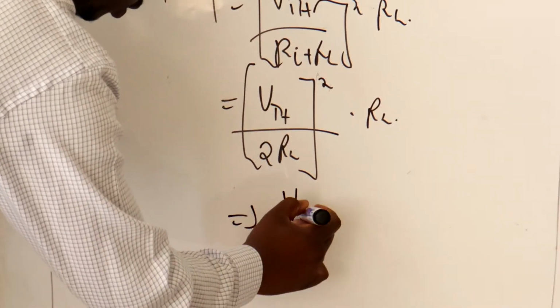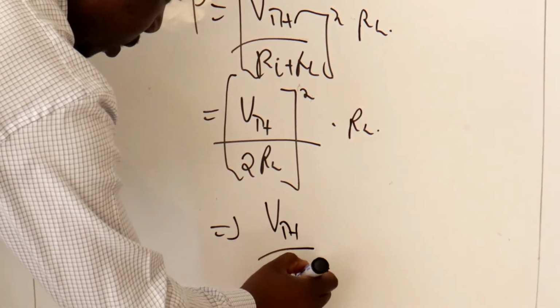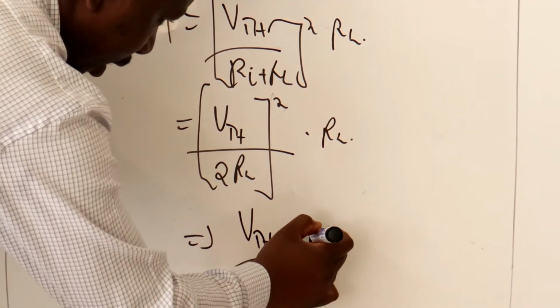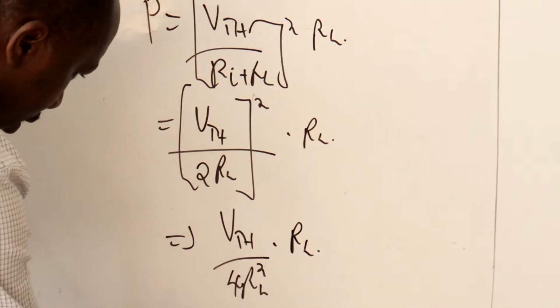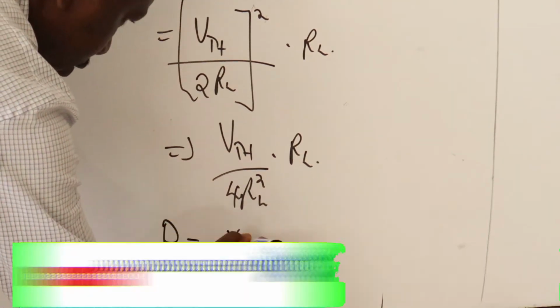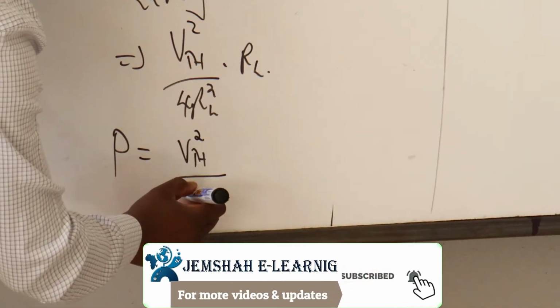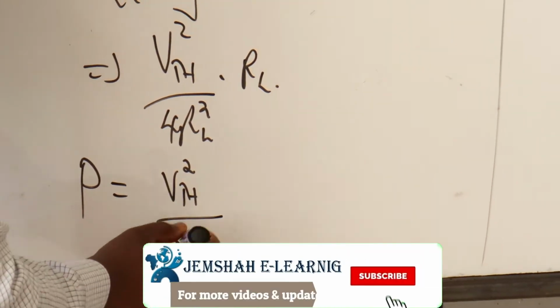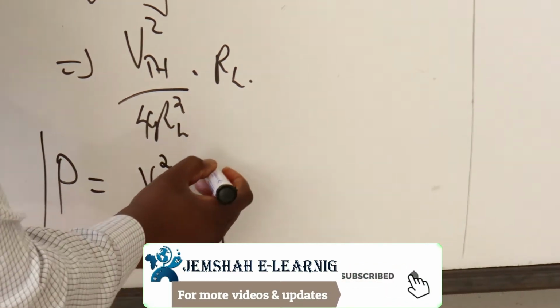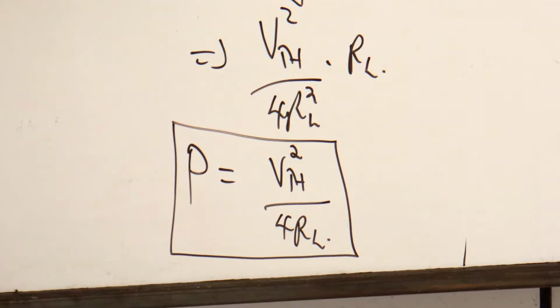We shall have VTH squared over 4RL squared multiplied by RL. Then power is given by VTH squared over 4RL. So this condition must also be arrived at.